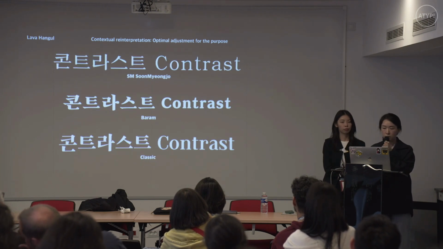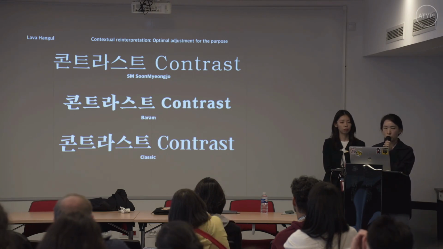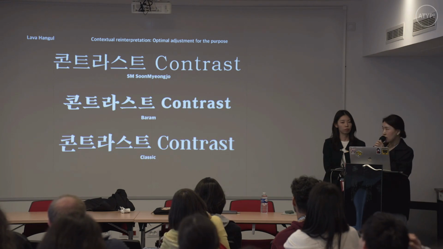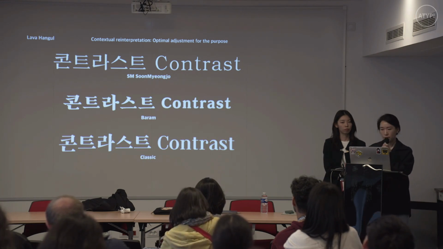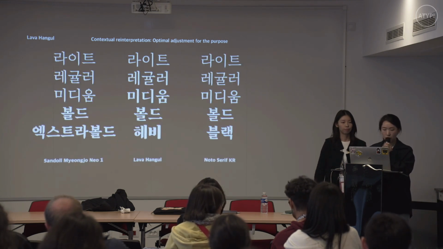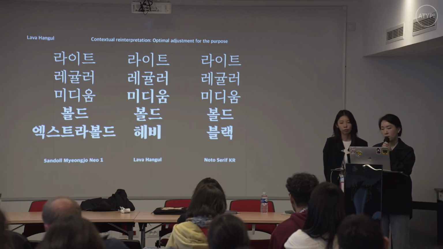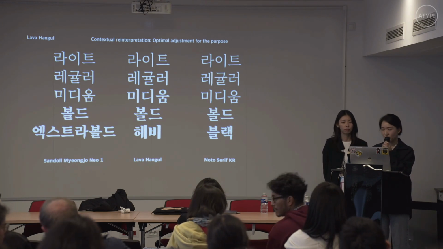Actually, this kind of high contrast itself is not very awkward, because there is a serif style called Sunmyeongjo in Hangul, as you see here. However, it's very rare to have one family that covers the high contrast style and the normal one. This is a kind of new attempt.